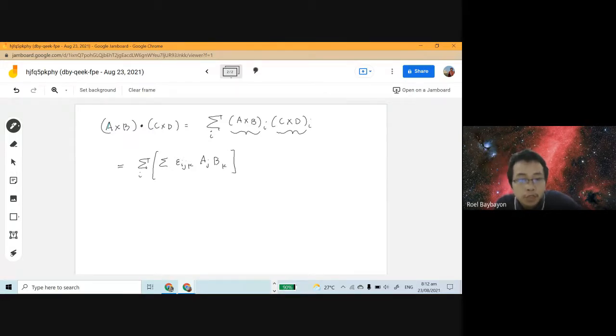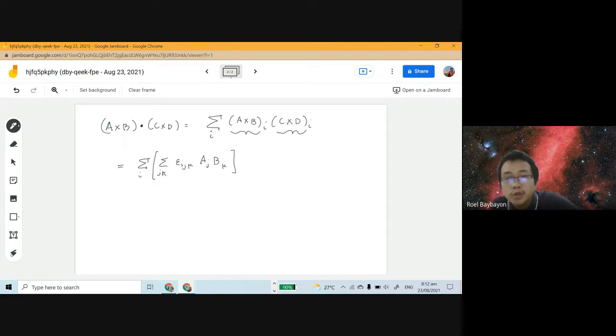The summation is in terms of j, k. This one, earlier in the bracket, is the components of A cross B.